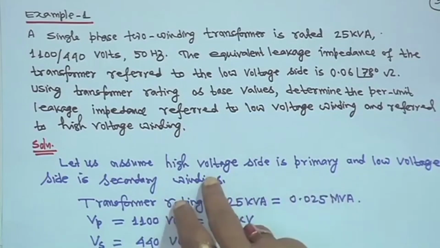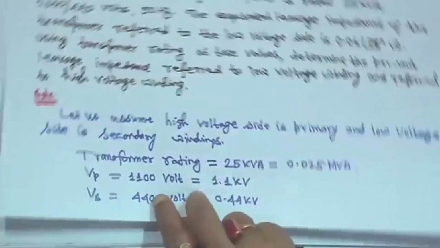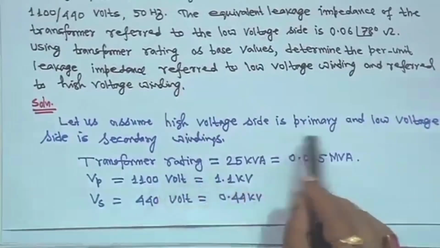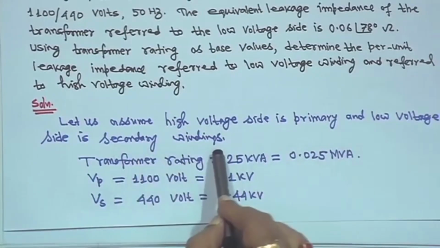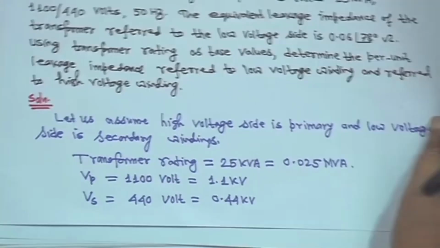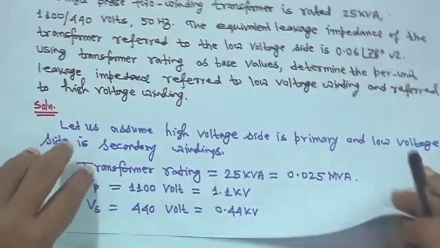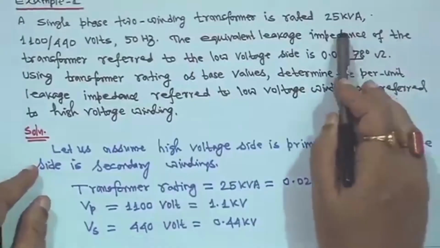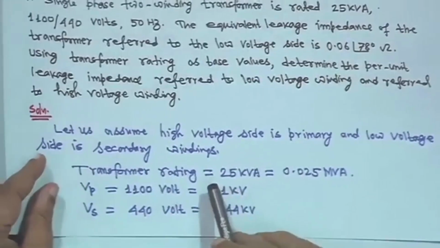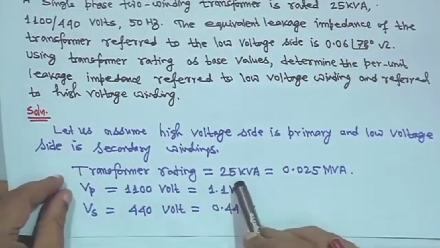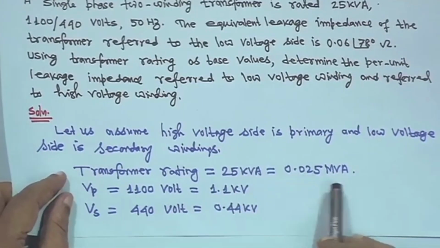First, let us assume the high voltage side is primary and the low voltage side is secondary winding. The transformer rating is 25 kVA, so divided by 1000, you make it 0.025 MVA.